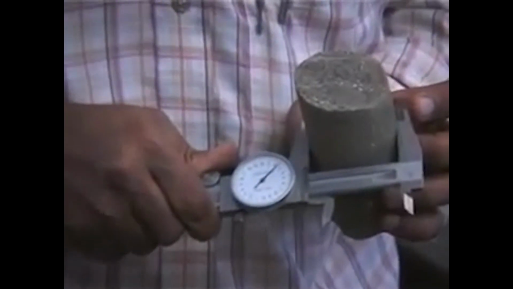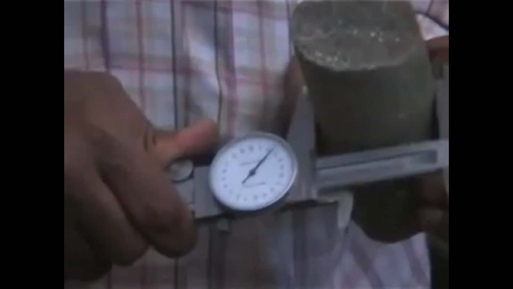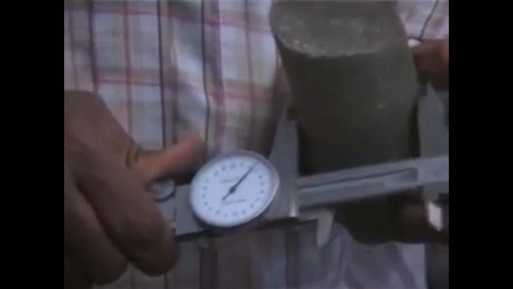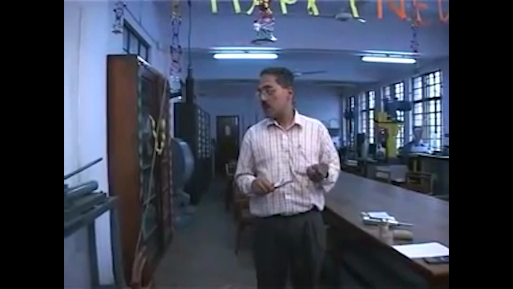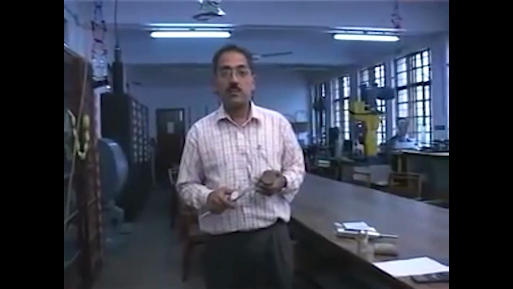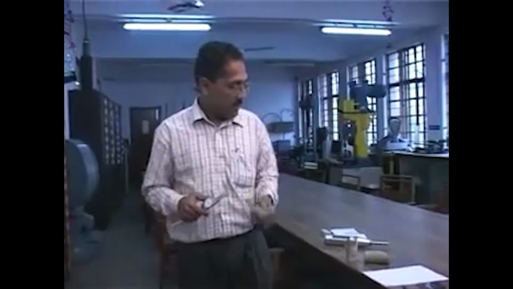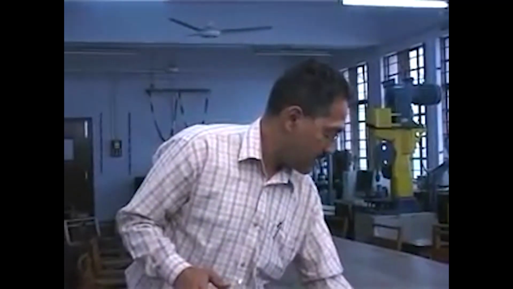Here again we are getting a reading of roughly 53.26 millimeter. So let's say the diameter of this sample is about 53.3 millimeter, and we are going to use that 53.3 millimeter in our point load index calculation. So this sample here is 53.3.